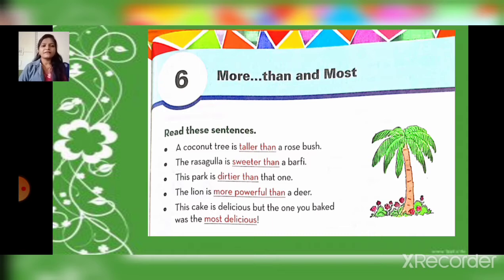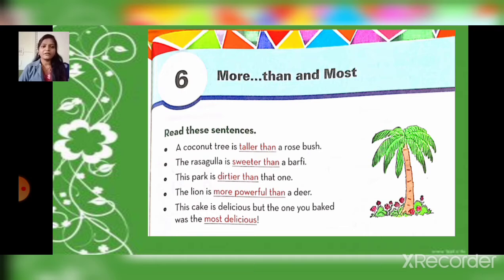So students, here in these sentences you can see there is the comparison between two or more than two things, right? In this chapter we have to learn how to compare things or people.